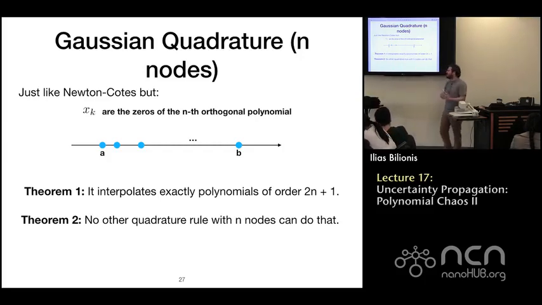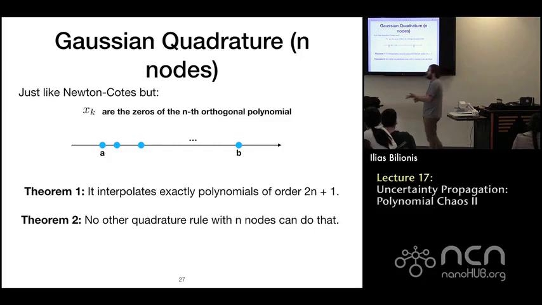And of course, there are a bunch of theorems that I haven't really told you about, like for example, that the orthogonal polynomials that we constructed have real roots. So the degree n orthogonal polynomial has n real roots, okay? And these roots can be found by solving a very simple eigenvalue problem.